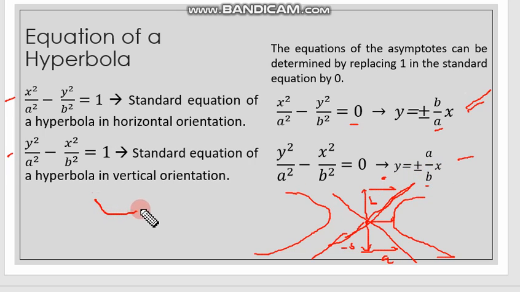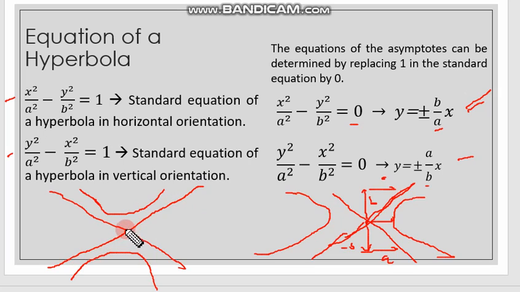So if our hyperbola looks like this, opening upward and downward, this is our asymptote. This is the value of a here, and this is, let's say, the b or co-vertex. So the rise will be a while the run is b.